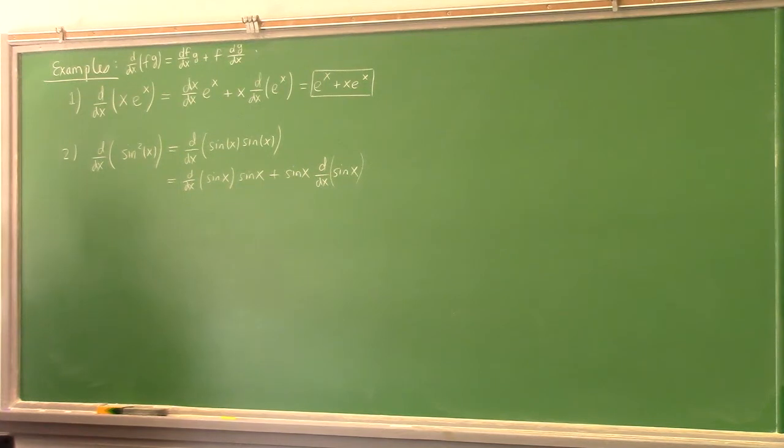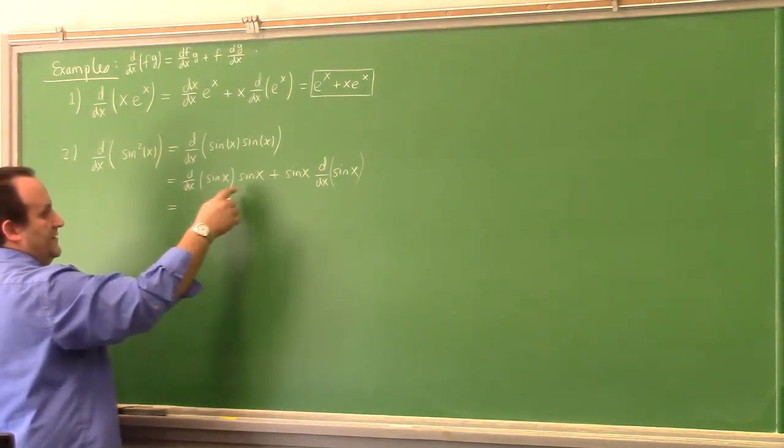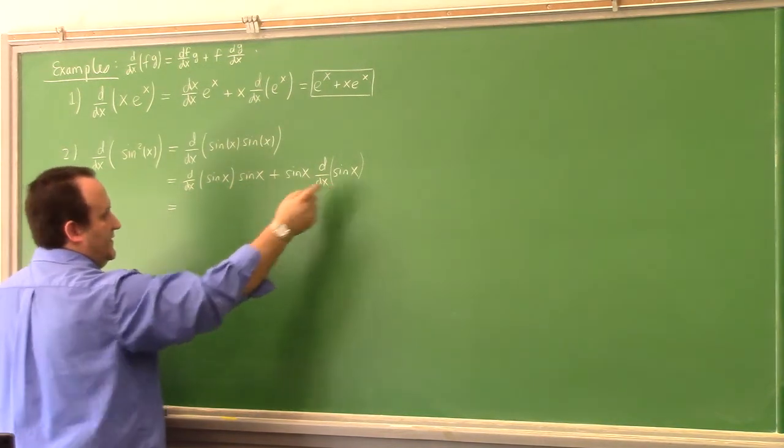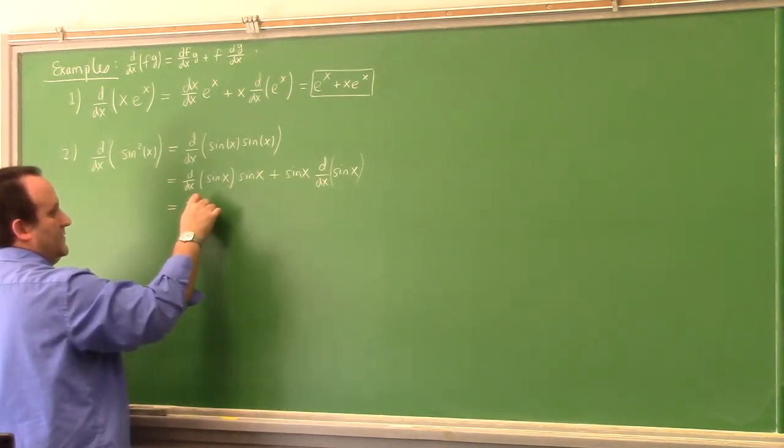What's the derivative of sine? Remember, we proved it was cosine. So we get cosine sine, sine cosine. So the answer is 2 times sine x cosine x.